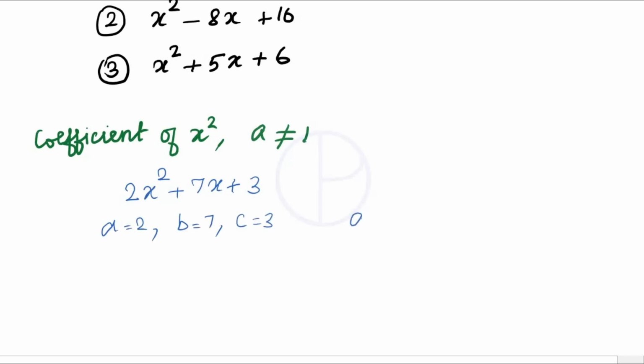Let's find out what AC is. AC is 2 multiplied by 3, which is 6. Okay. So we need to find two numbers that multiply to 6 and add to 7.